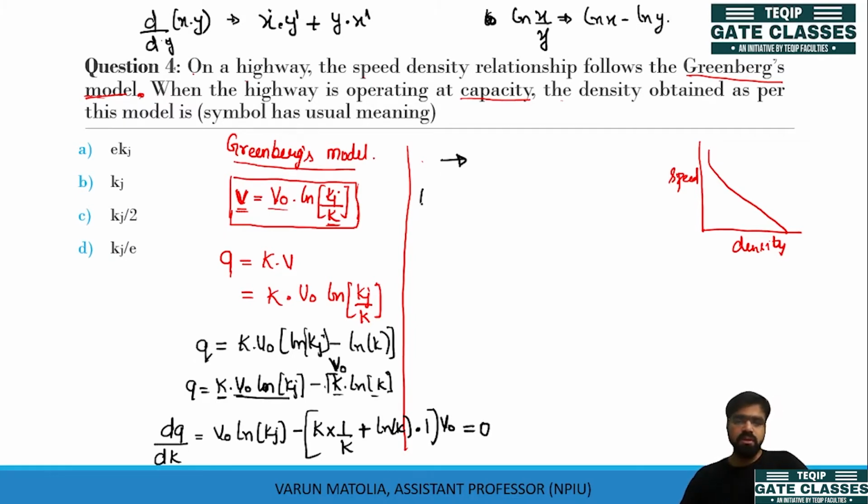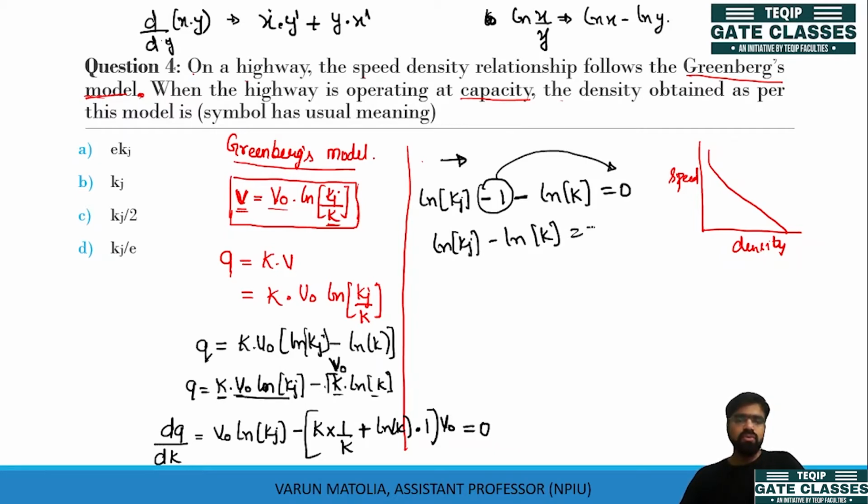The equation after opening these is 1 minus log k. Let us again simplify this equation. I will send minus 1 on this side, and I will be left with log kj minus log k equals 1.